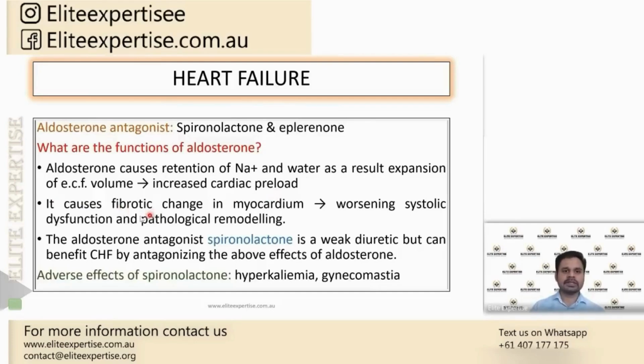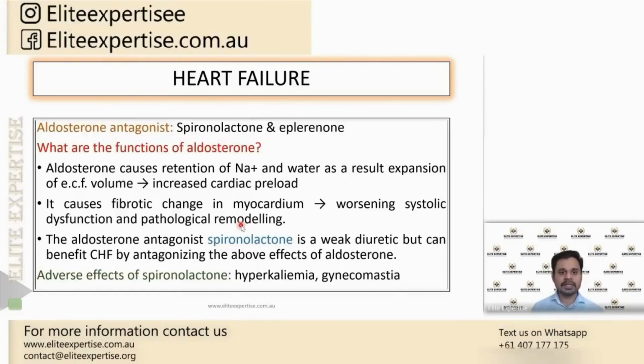It also causes fibrotic changes in the myocardium, like worsening of systolic dysfunction and pathological remodeling. When aldosterone keeps on acting on the heart, it causes cardiac remodeling. That is, left ventricular hypertrophy may occur with the continuous action of aldosterone in the body.